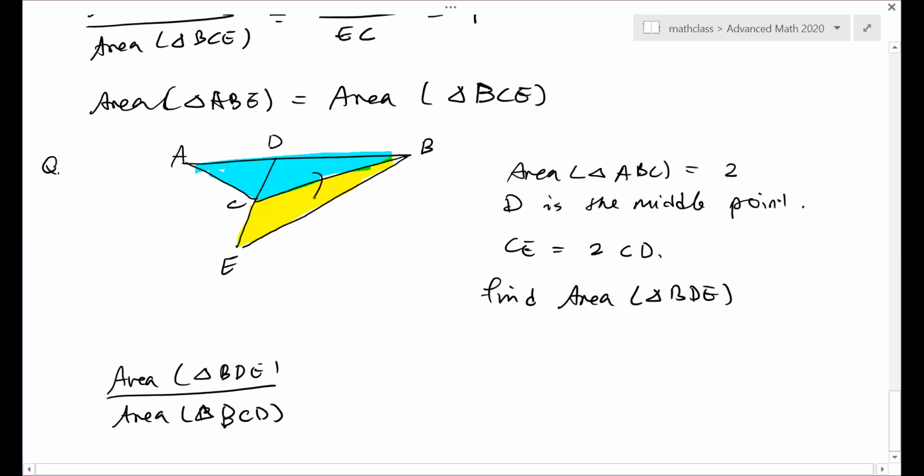Those two triangles compare, and that's CE over CD. CE over CD is going to be 2, so it doubles.